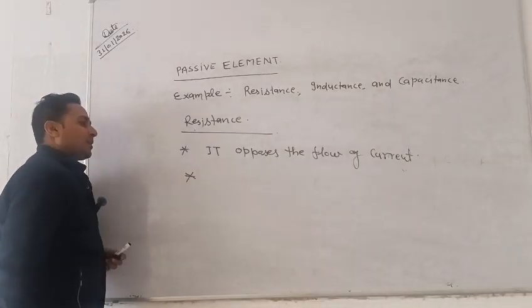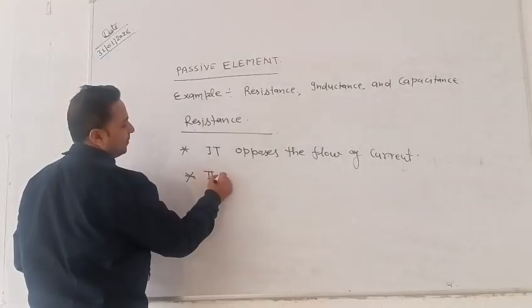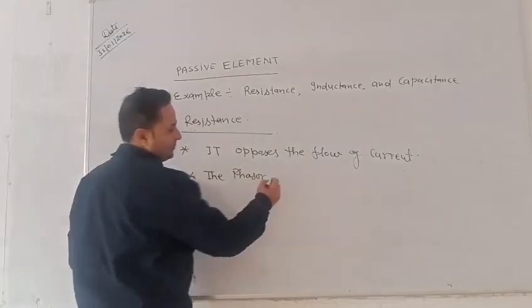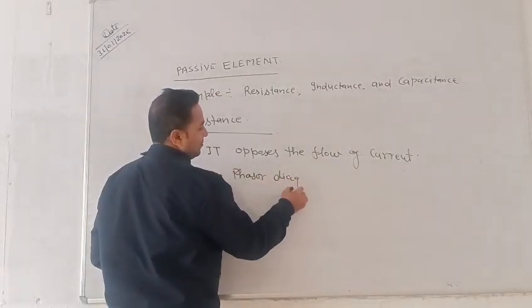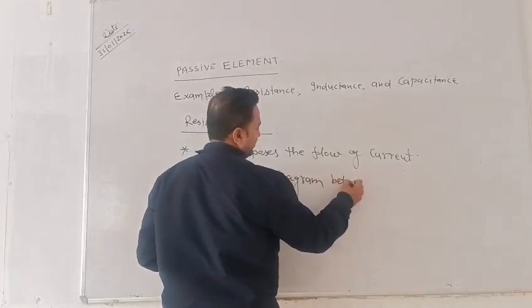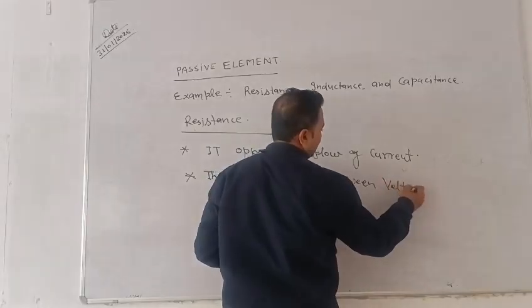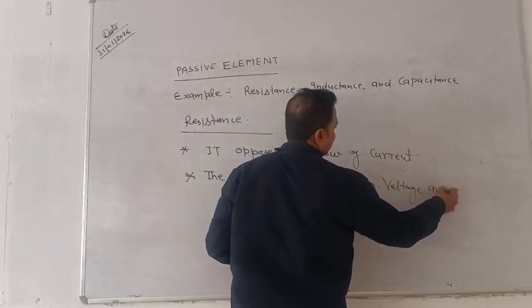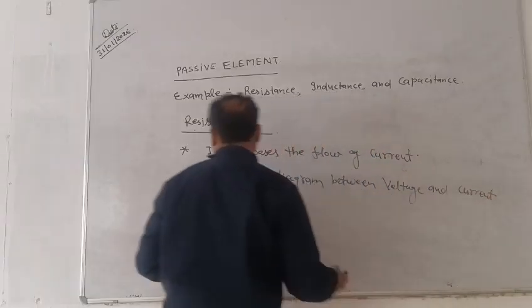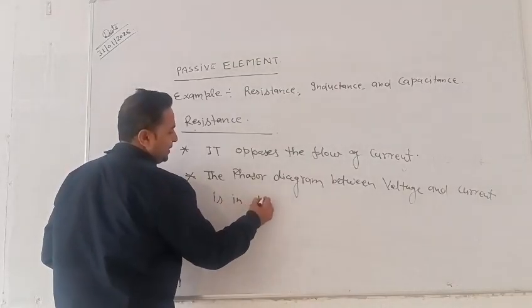Next property, the phasor diagram between voltage and current is in the same phase.